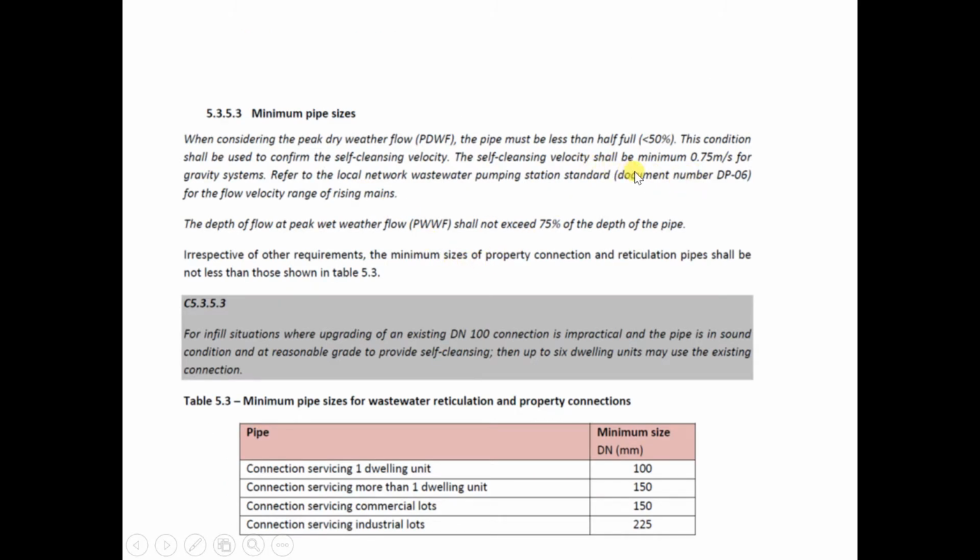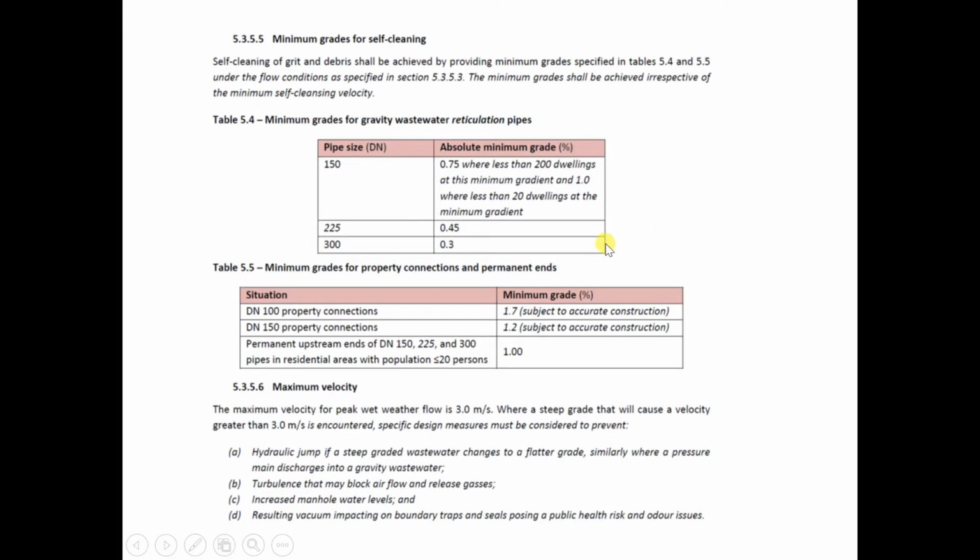Also, there's the self-cleansing velocity that we need to look into. It will be 0.75 meter per second for sewer pipe. But I think the discharge for this development is quite small, so later on we'll see it will not be able to achieve that, because the volume of flow is quite small, but we need to use the minimum pipe size, which is 150 nominal diameter.